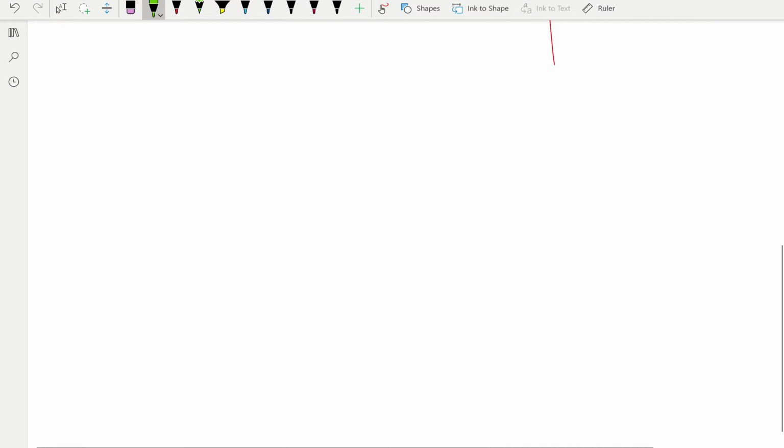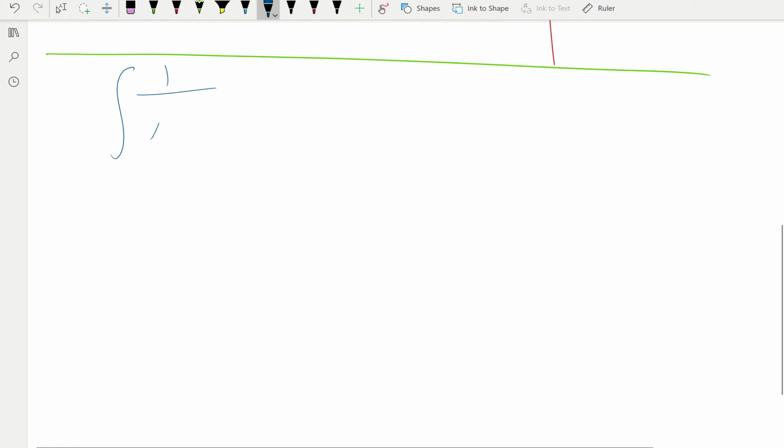So the complication here is, so let me give you a new problem. So we have to integrate, let's see, 1 over x minus 1 times 2x square plus 5, okay? So I will give you the decomposition.